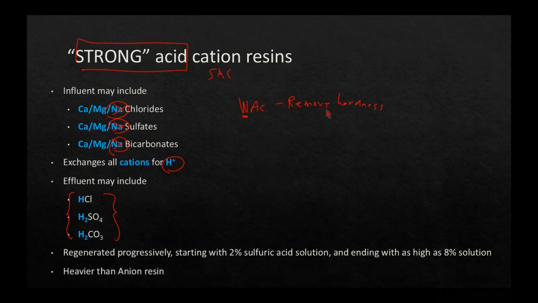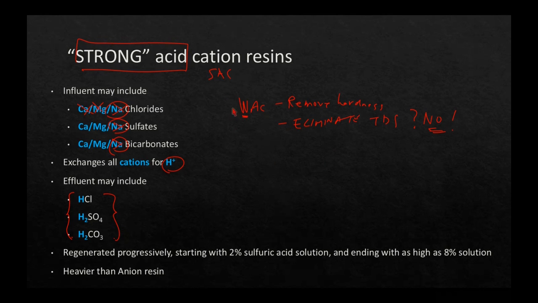I mean, we want zero hardness, right? We don't want calcium. We don't want magnesium. And a WAC will do that, but it does not eliminate TDS. Okay? Because any kind of sodium compounds are going to pass right through it.